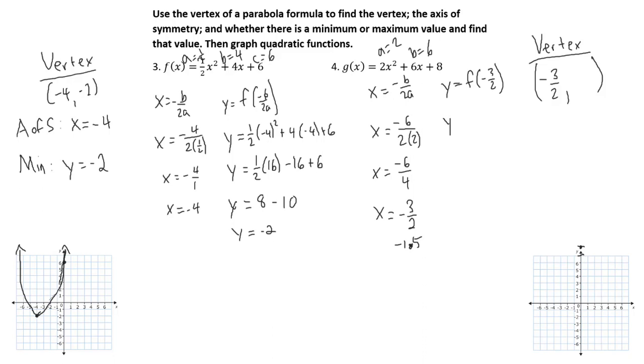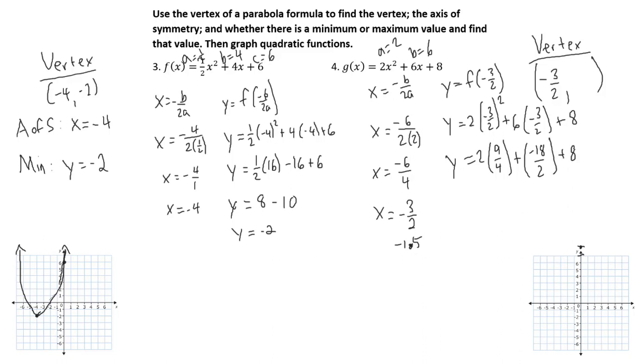So then we get y equals 2 times (-3/2) squared plus 6 times (-3/2) plus 8. So that is 2 times 9/4 plus 6 times -3, which would be -18 over 2, plus 8.